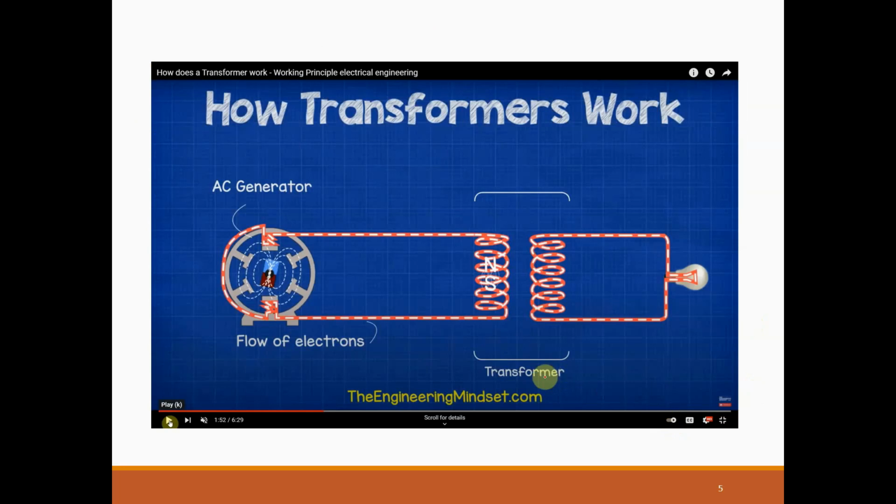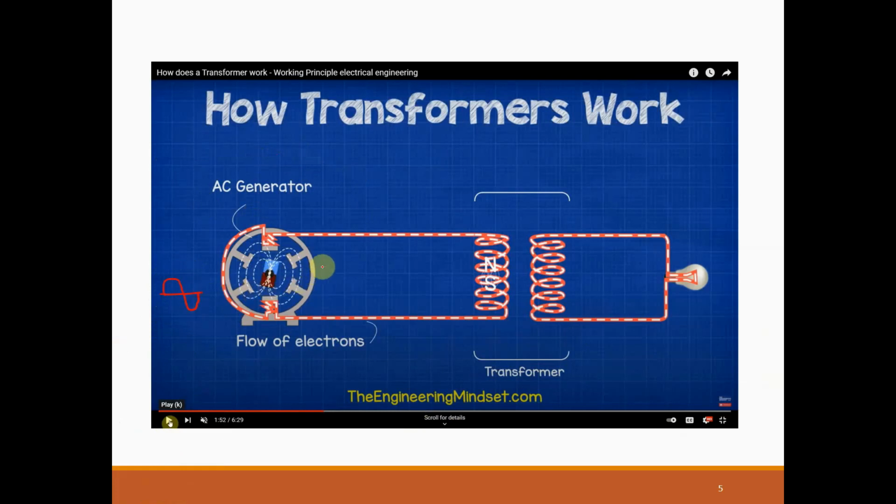Now, let me give you an introduction on how a transformer works. As you can see here, we have a generator. Our source is an AC signal, right?